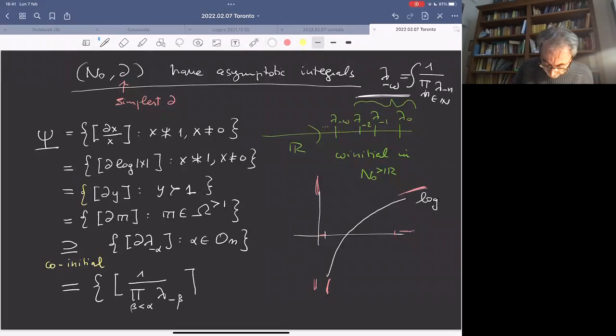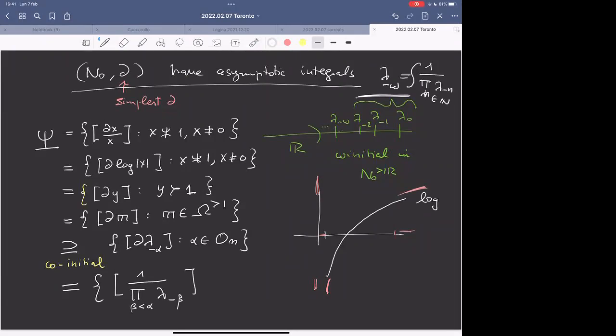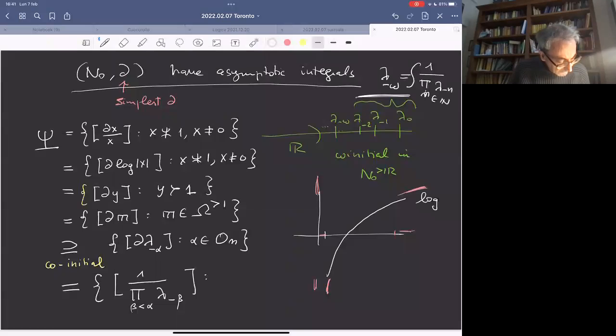Lambda minus alpha is a kind of iterated log. Recall that lambda minus alpha is the integral of, is this right? Or it's only in the limit case? No, I'm a bit confused now. This is correct also in all cases. Yes, it's correct everywhere. Okay.